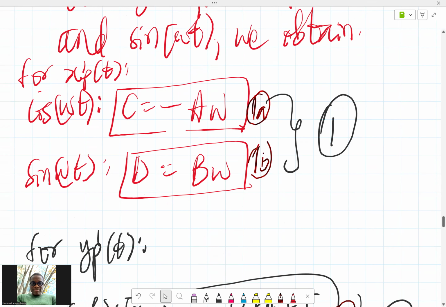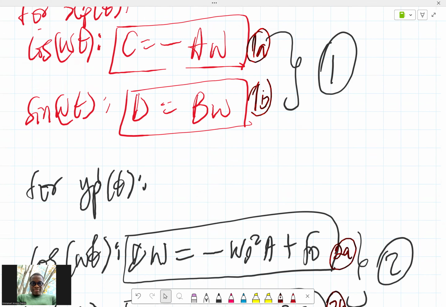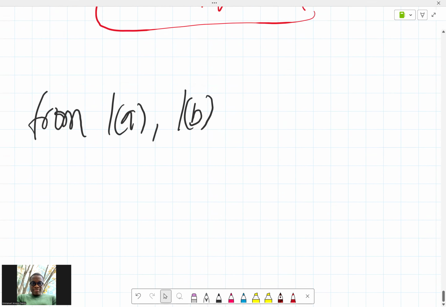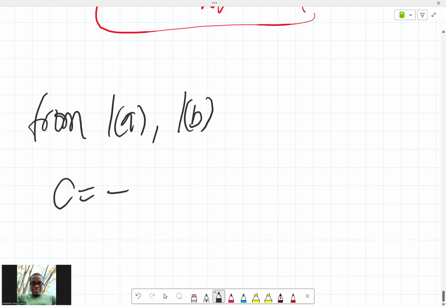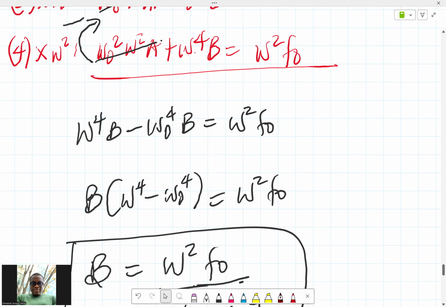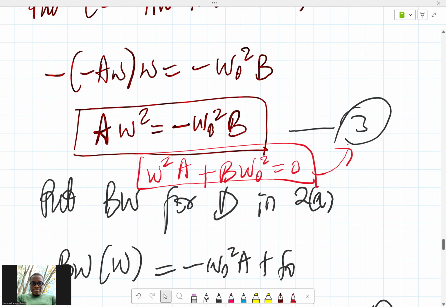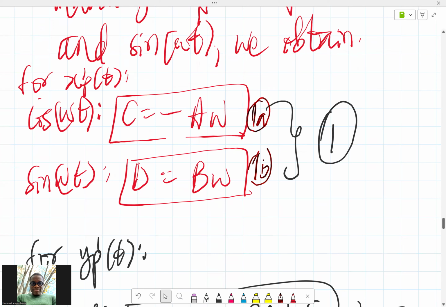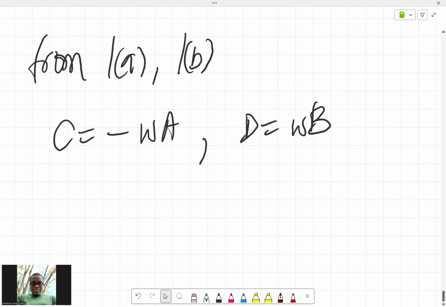So from equation 1A and equation 1B, C equals minus omega A, and D is omega B. Let's be sure of that. C is minus omega A, D is omega B. Yes, I think that works.